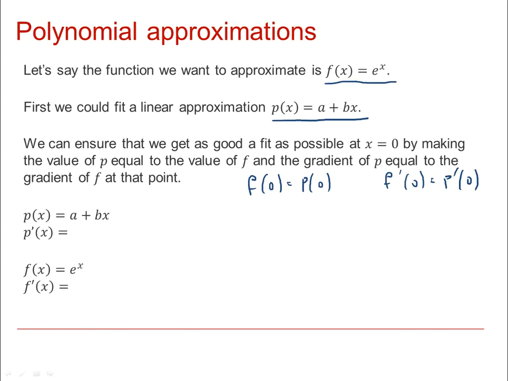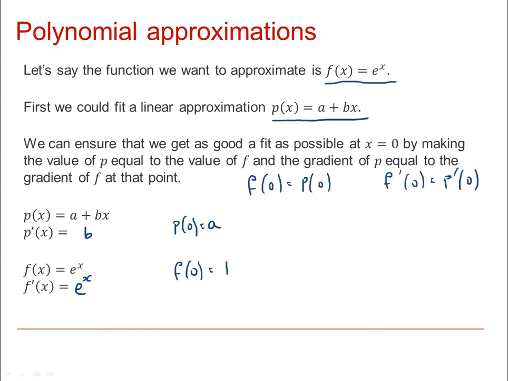If p of x is equal to a plus bx, then p dashed x, the first derivative, is obviously equal to b. And f of x equal to e to the x, the derivative f dashed x is equal to e to the x. So p of 0 is equal to a, and f of 0 is equal to e to the 0, which is equal to 1.